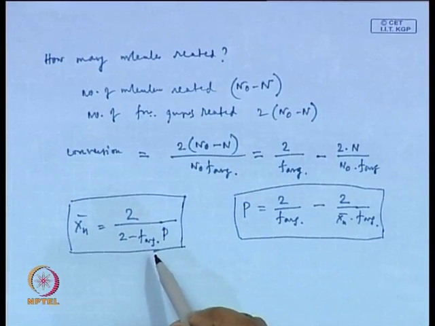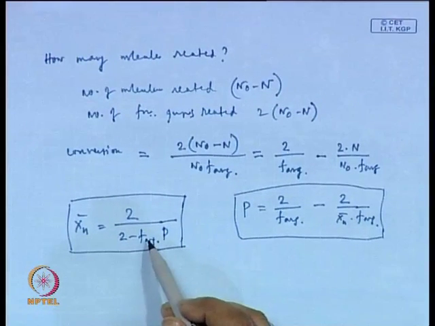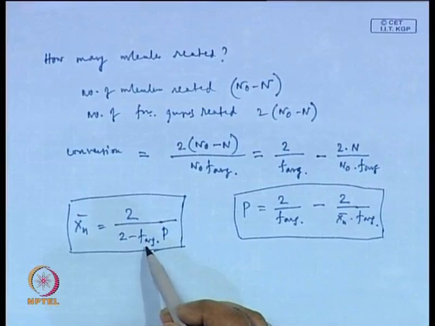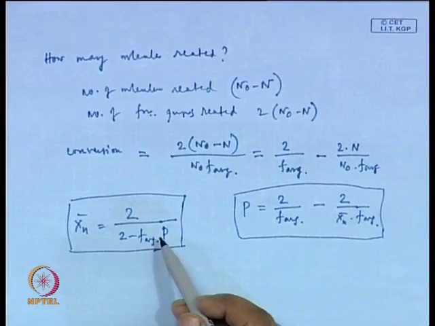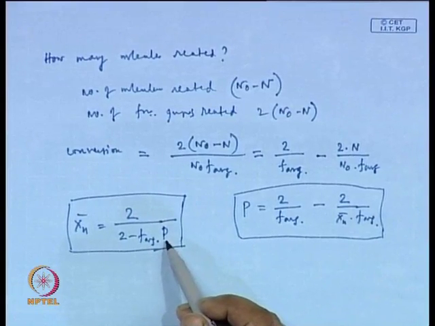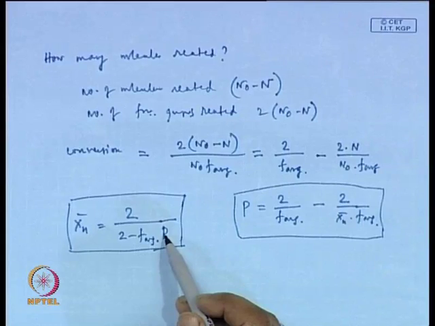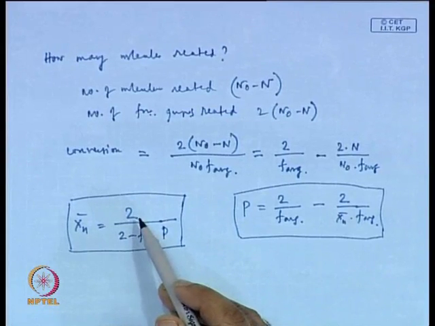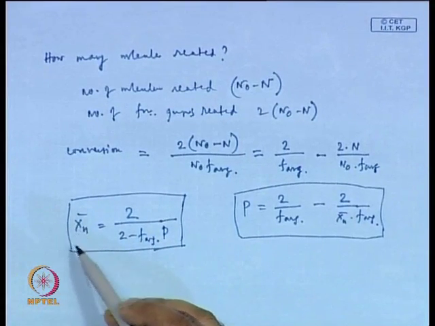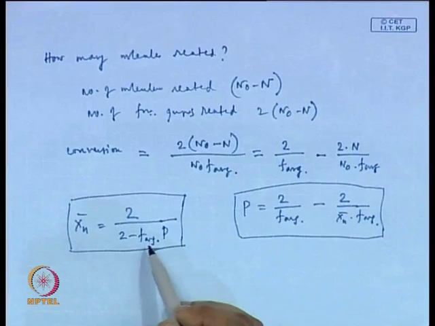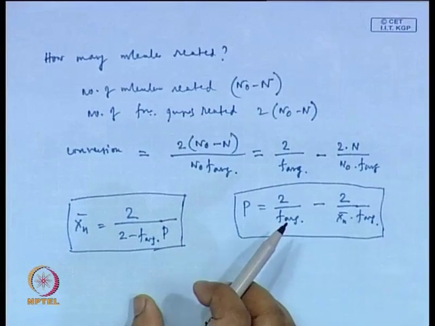Now, from this expression we can know that if F average is higher, more than 2, then for a given p value, given conversion, we will get a higher molecular weight, higher degree of polymerization in comparison to a linear polymer.